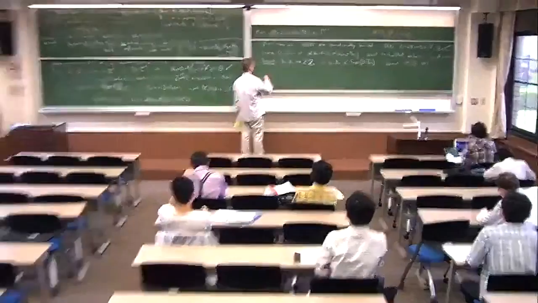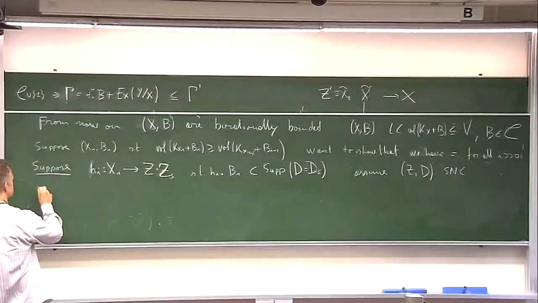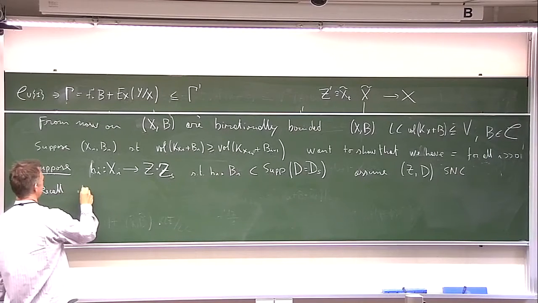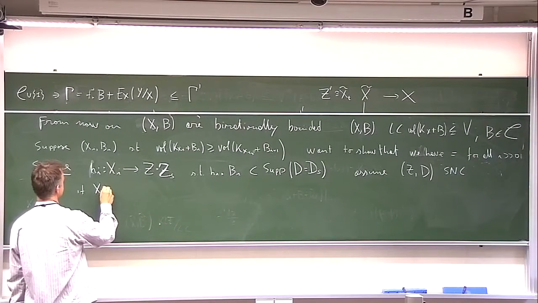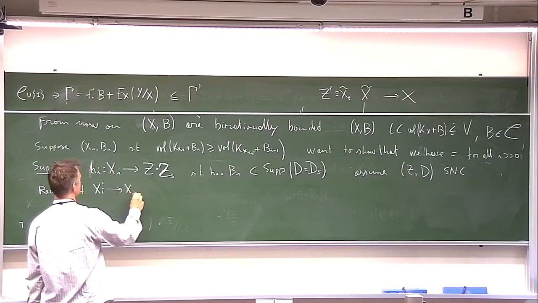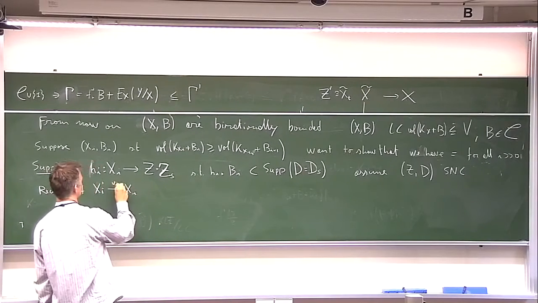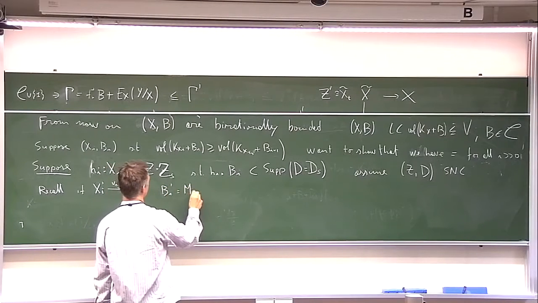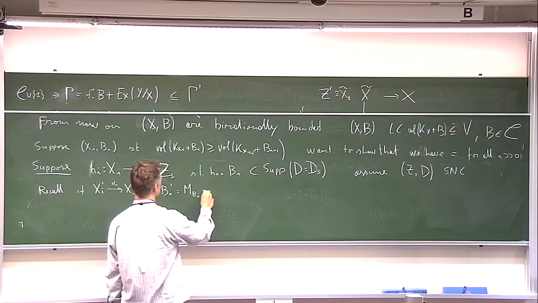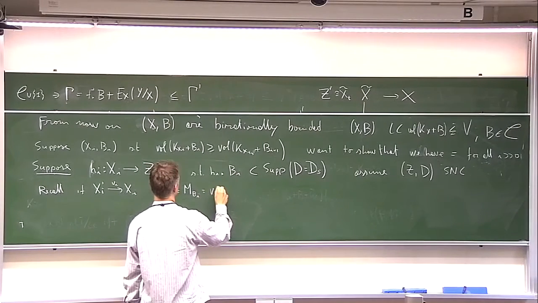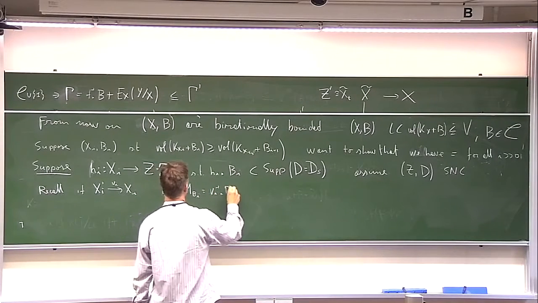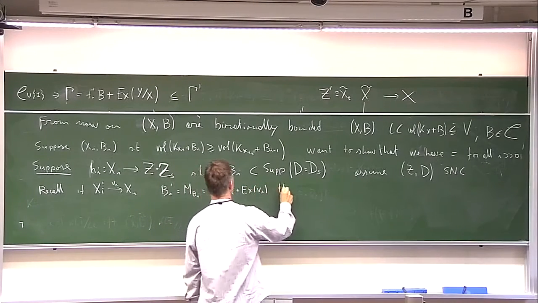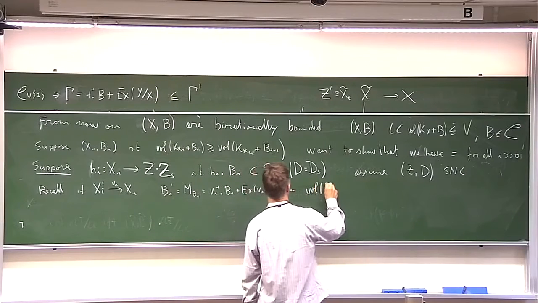Let me emphasize, recall that if we have xi prime to xi, some birational morphism nu i, and bi prime is this guy that I'm calling m of bi, which is just the strict transform of bi plus the exceptional set, then the volumes are unchanged.